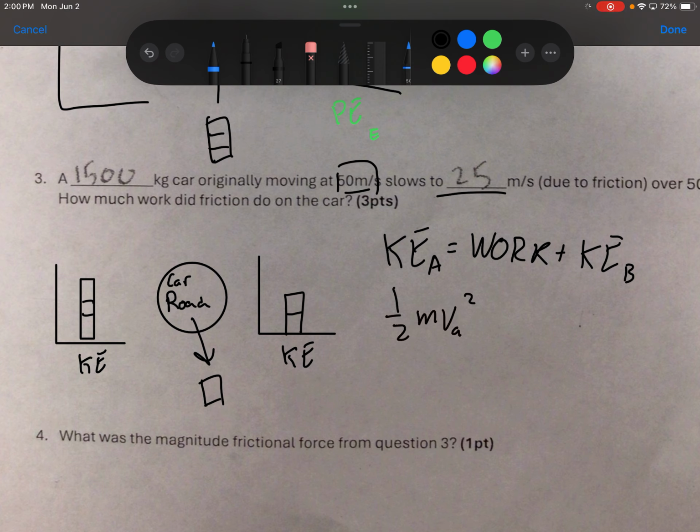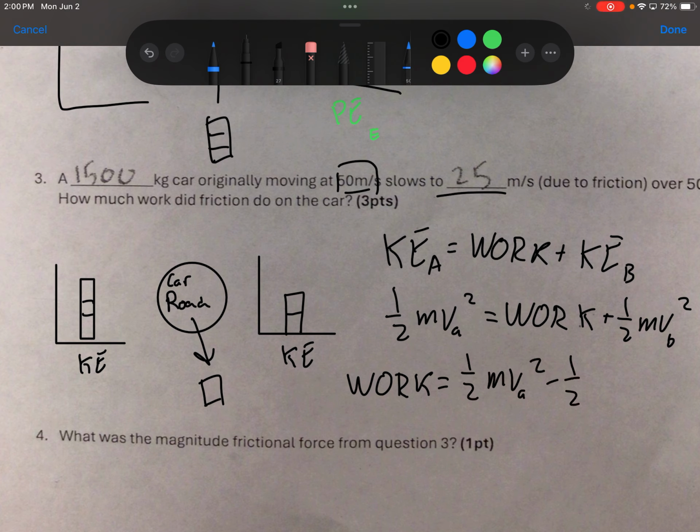1/2 m vA squared is equal to work plus 1/2 m vB squared. So here work is equal to 1/2 m vA squared minus 1/2 m vB squared.